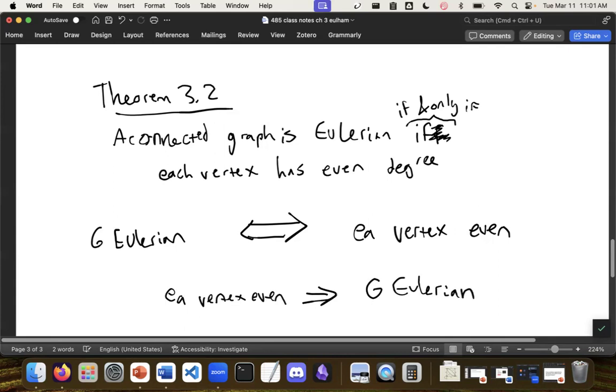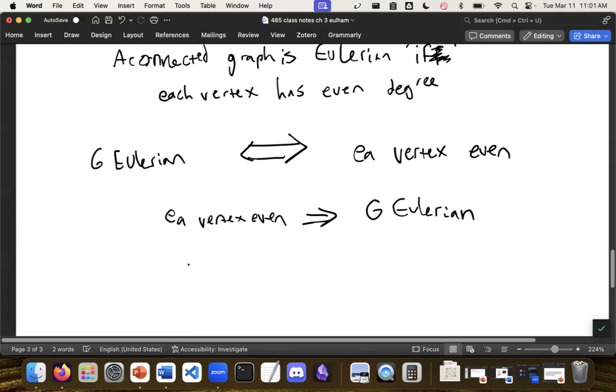But if we didn't have going the other way, we can't say that every Eulerian graph has even degree. We can only say this graph with even vertices is Eulerian. So having the other way means that G is Eulerian implies that each vertex is even. So there's two statements in here.